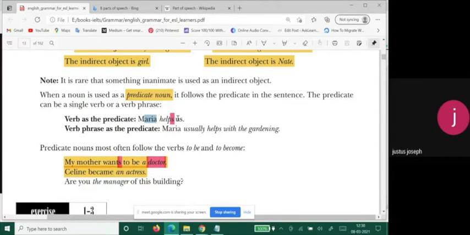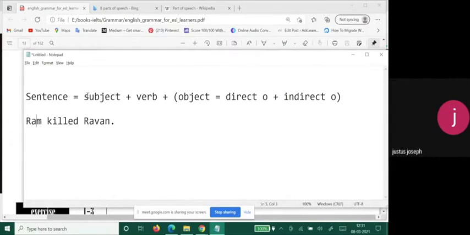This part, helps us, is called the predicate. There is a verb and an object. I had given you that a sentence is equal to subject plus verb plus object. Sometimes that is not the case.